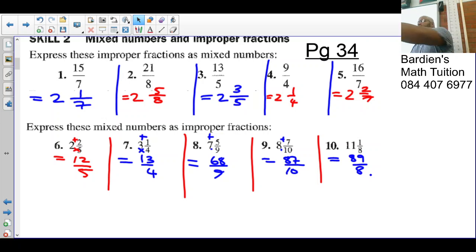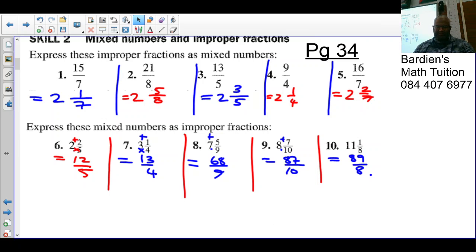Alright, for homework, I want you guys to do skills 1 on page 47. You do for me the odd numbers, and skills 2 on page 47, the odd numbers as well.